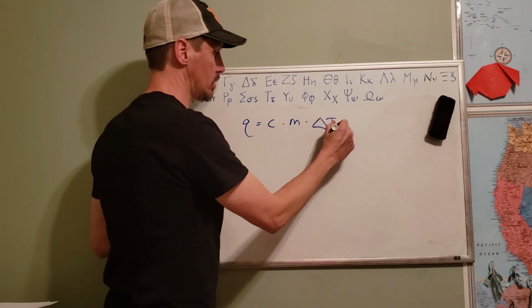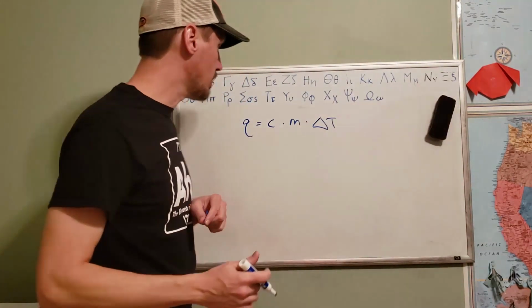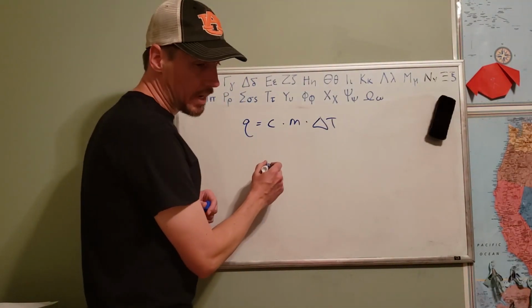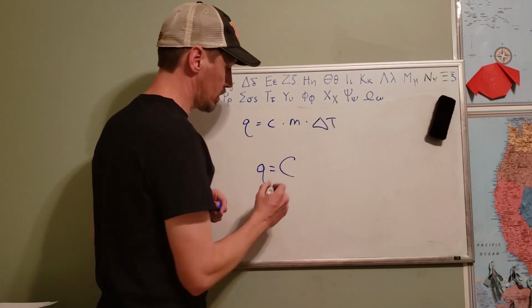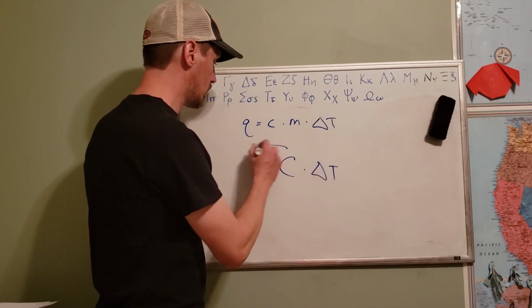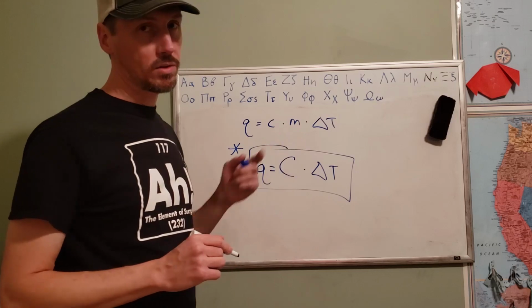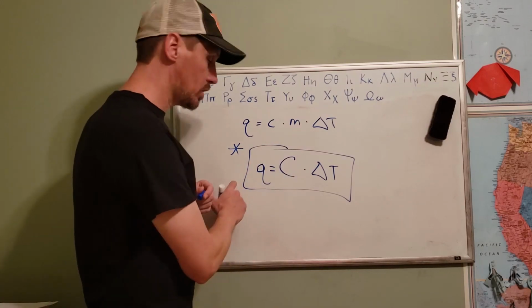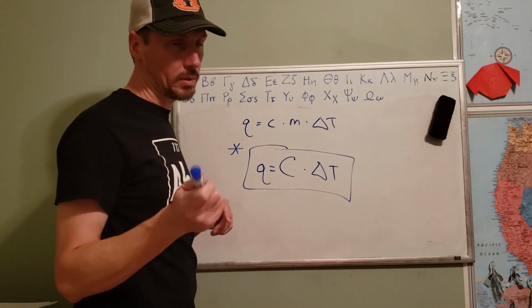Since heat capacity isn't related to the mass, the formula for heat capacity is simply Q equals capital C, which stands for heat capacity, times the change in temp. You'll see that the mass value is missing there. So make sure you memorize this formula. We're going to need that for some of those problems, and there'll be some of those on the test.